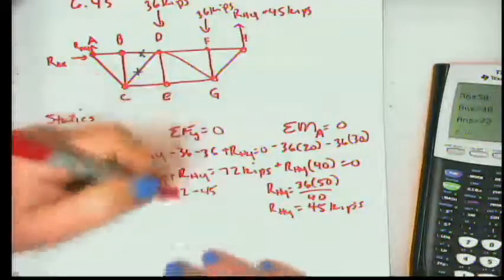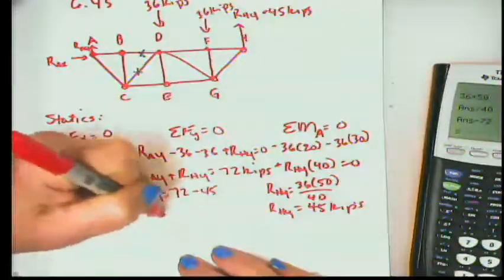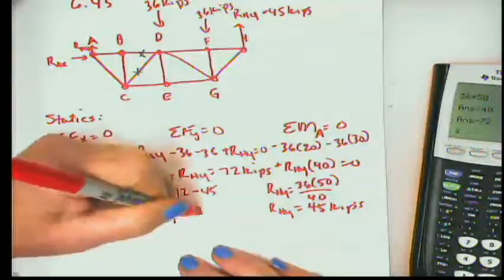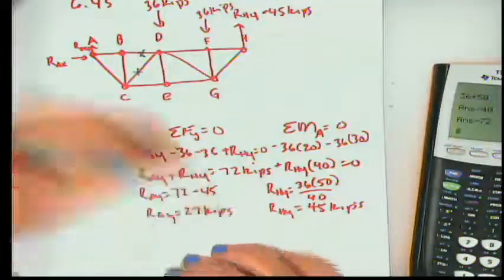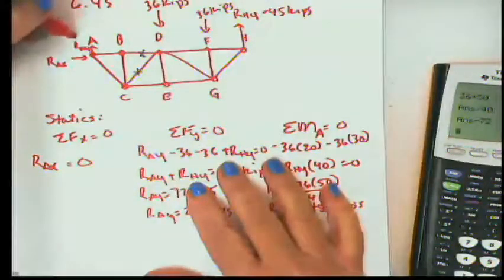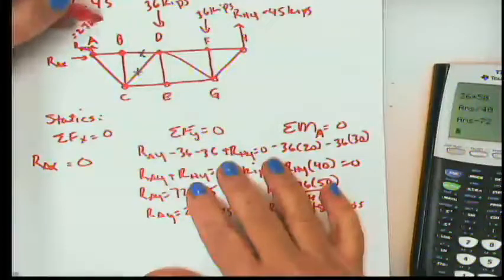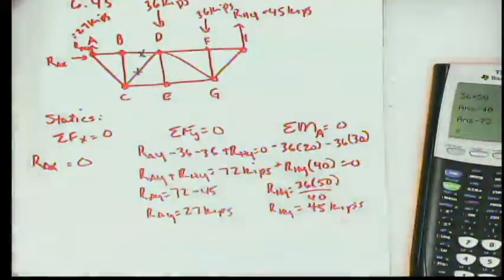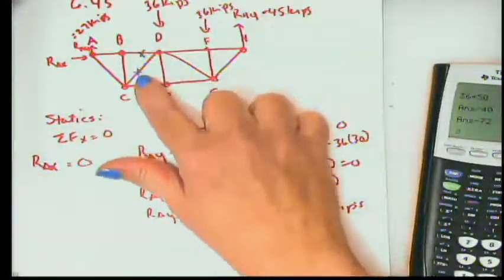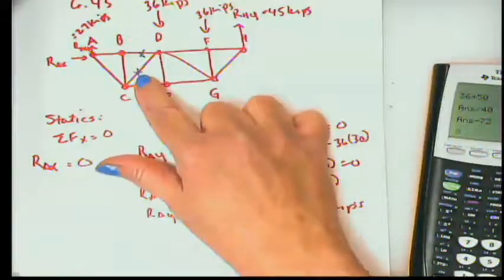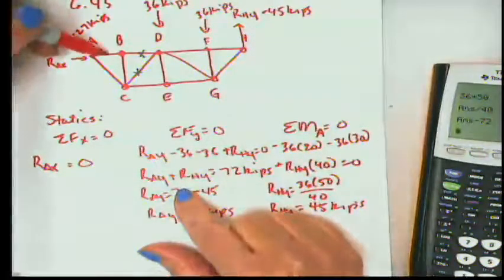And so that value is 27 kips. So this equals 27 kips.